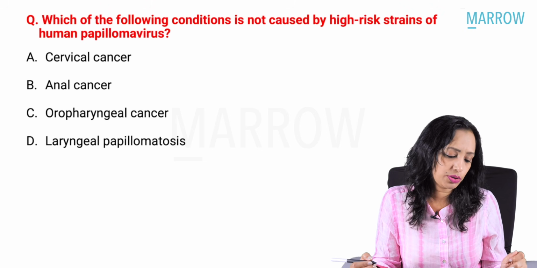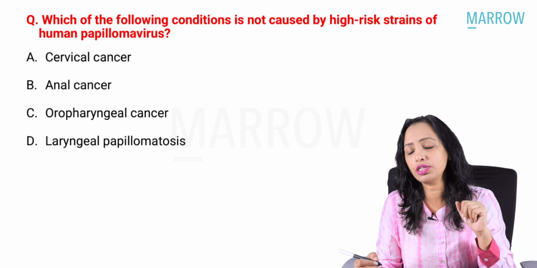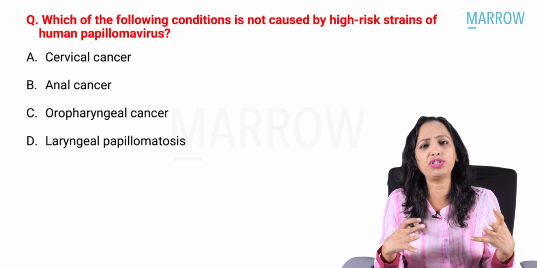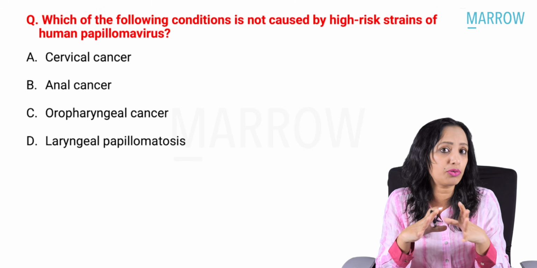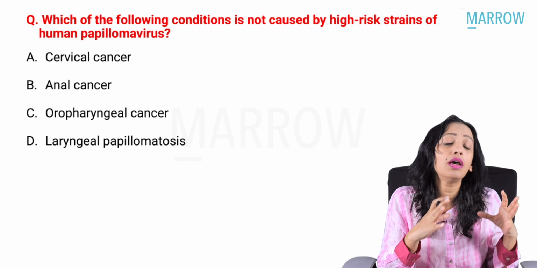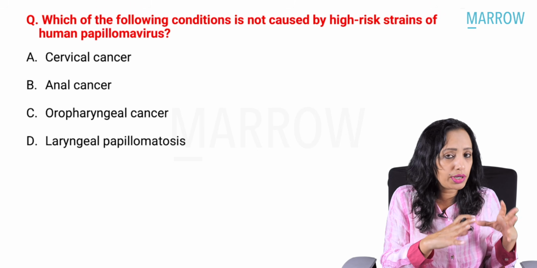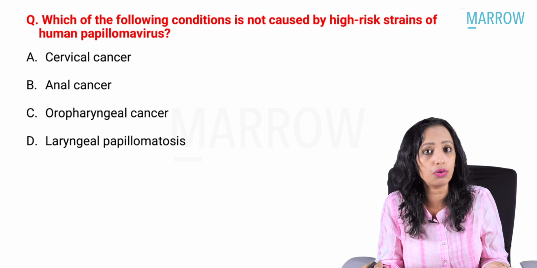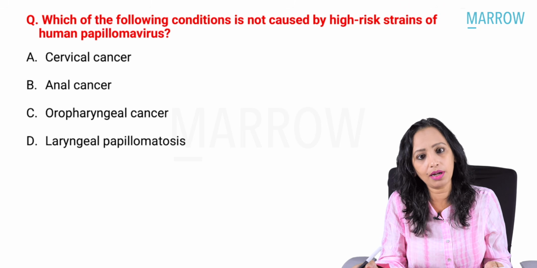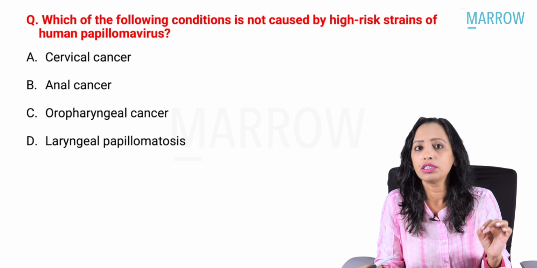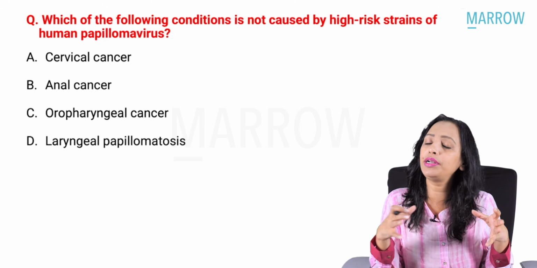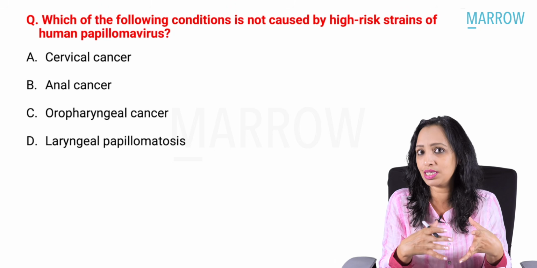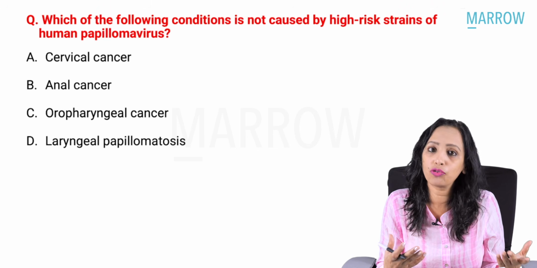Okay, now coming to the next question. I have put two questions here which were very much integrated type of questions, not specifically related to ENT, and they will be done in other subjects also by other faculties, but I have put it here just for you to see how the integration of the questions is likely to be in the future also.